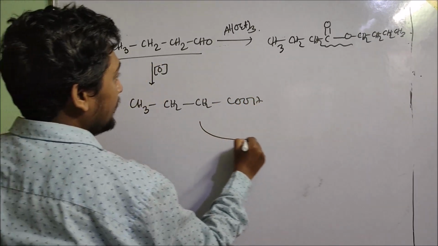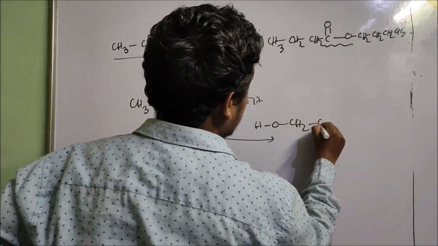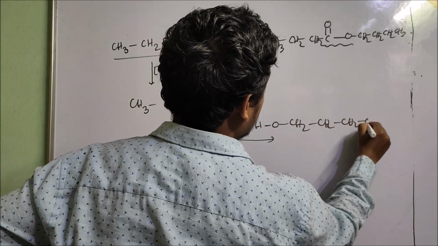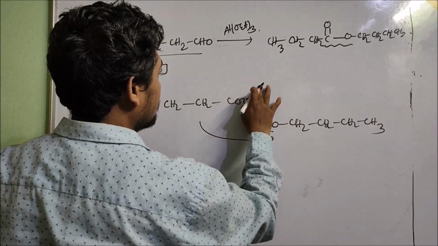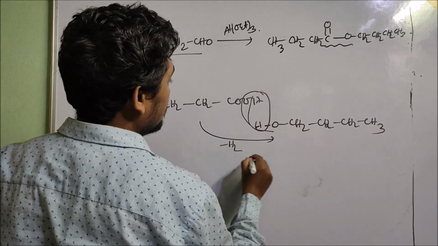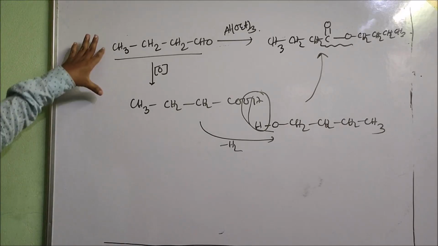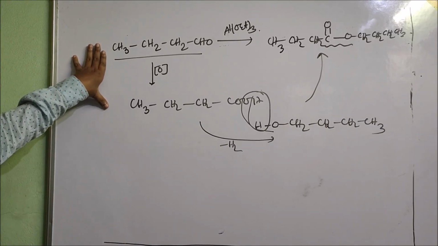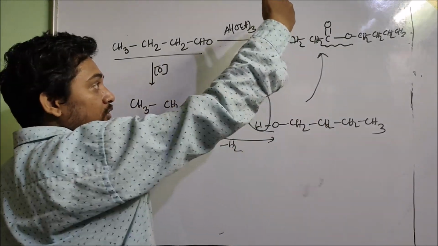Now, if you add an alcohol, CH3CH2CH2CH3, there will be elimination of water, and you will have this kind of structure. So we can convert this aldehyde compound into an ester by esterification also.